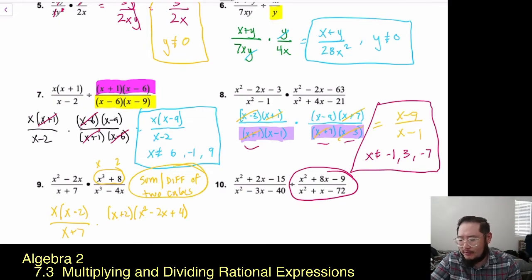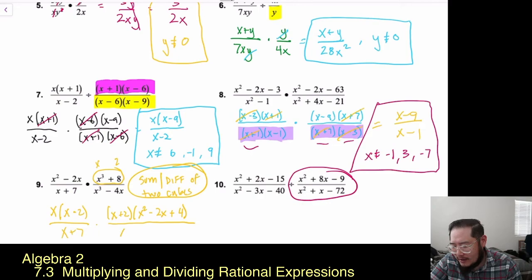A lot of, once again, a lot of action right here in this problem. And then so finally with our denominator, looks like I could factor out an x, and now I have x squared minus 4. And there's more action to come right there, because that x squared minus 4 is a difference of 2 squares. So let me go ahead right here.